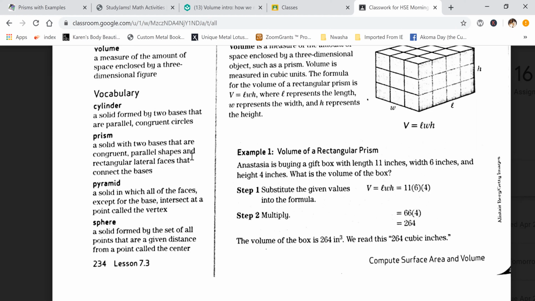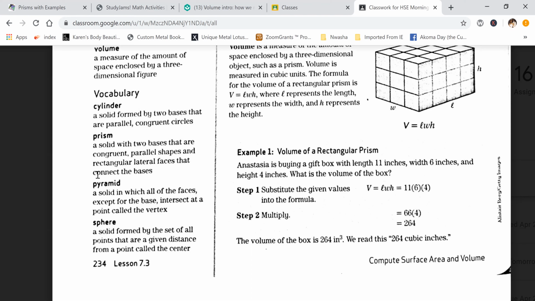So that cross section tells you what the actual base shape was. But you could have it in a triangle shape, a square, or a rectangle, and the only thing that's making it a prism is that it has height, even if it seems like it's laying down on one of the sides.